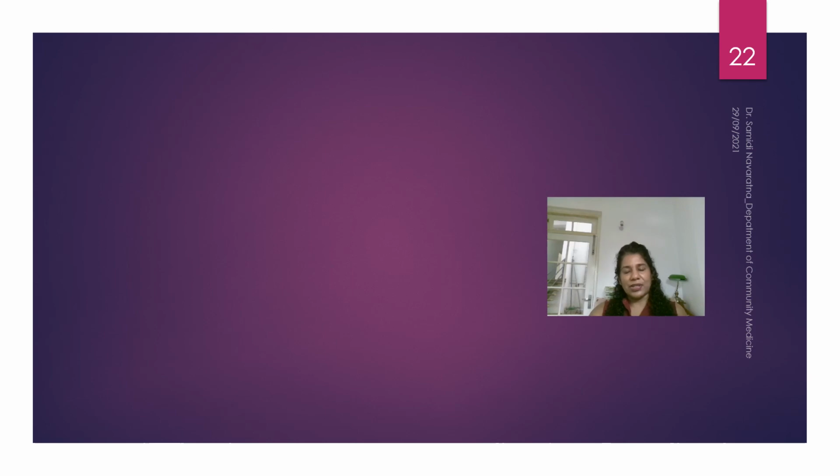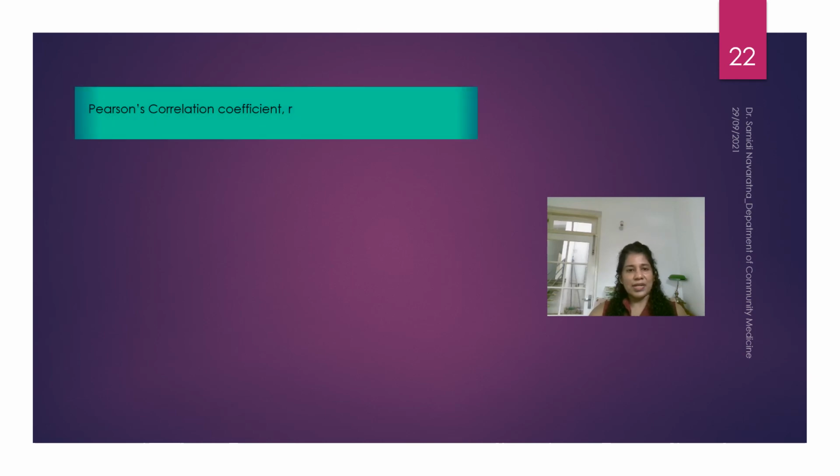In the initial part of the lecture, we learned about scatter plots and Pearson's correlation coefficient, denoted by R. Then we touched upon the significance test for the correlation coefficient.